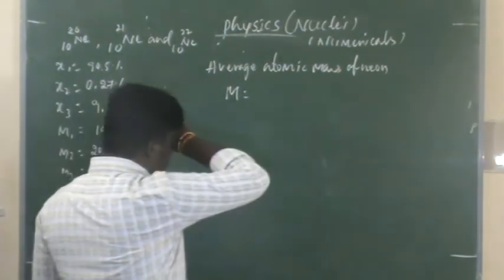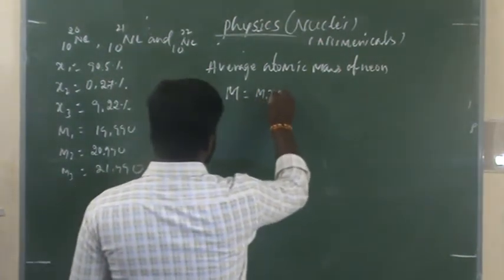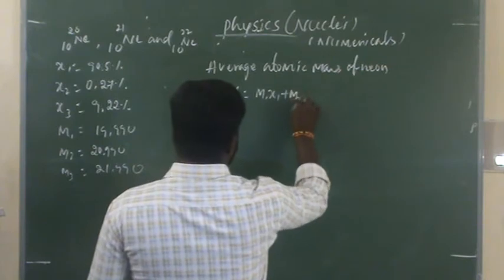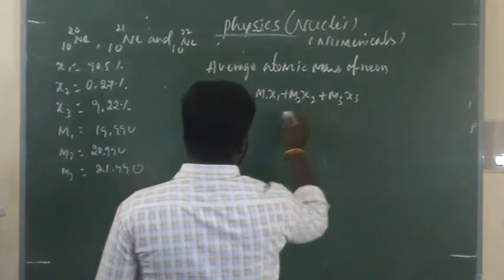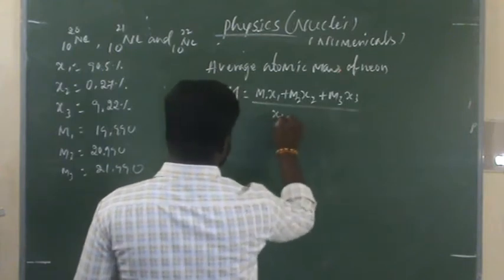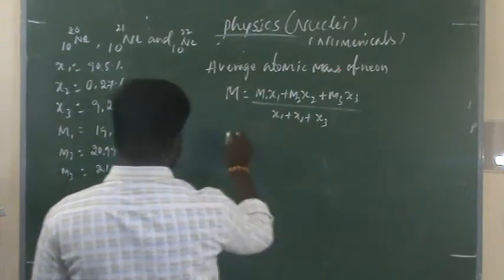So that means here three isotopes are given. The average mass is M1 X1 plus M2 X2 plus M3 X3 divided by X1 plus X2 plus X3. Substitute the values.